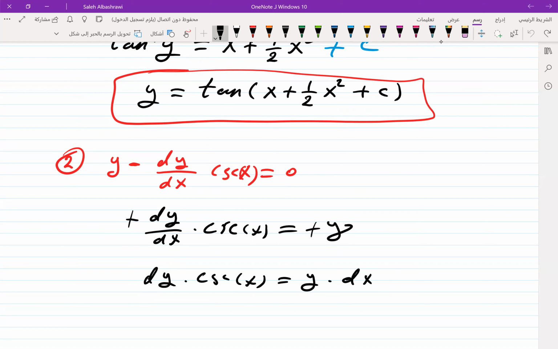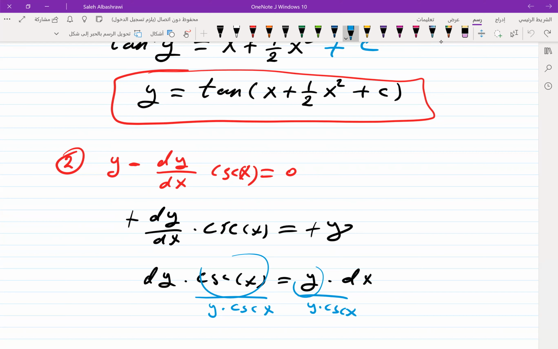Now dividing by y and cosecant of x. So try to divide by y multiplied by cosecant of x, because I have y and cosecant. Cosecant in the left hand side, y in the right hand side, I will divide by both of them.